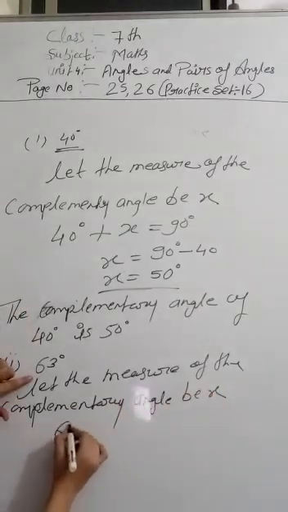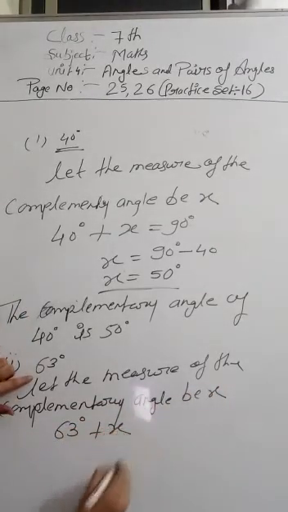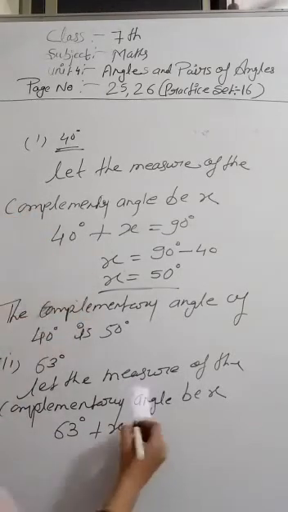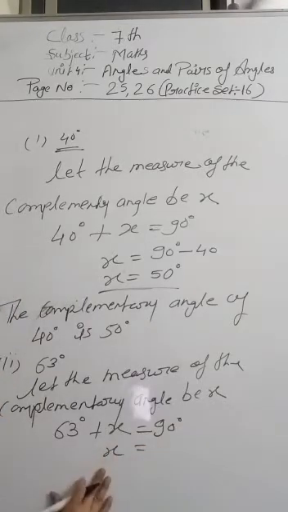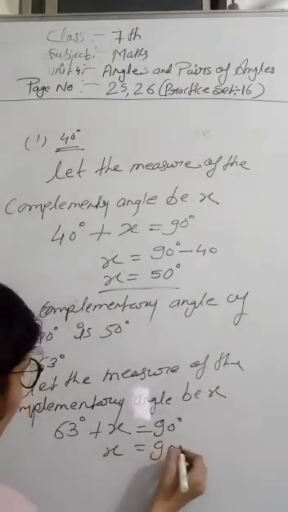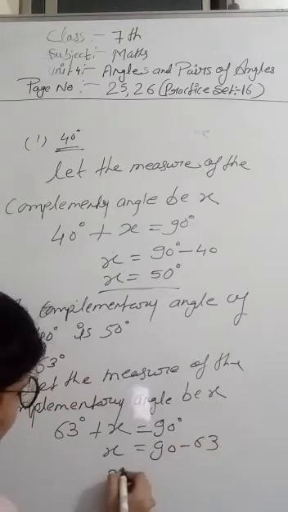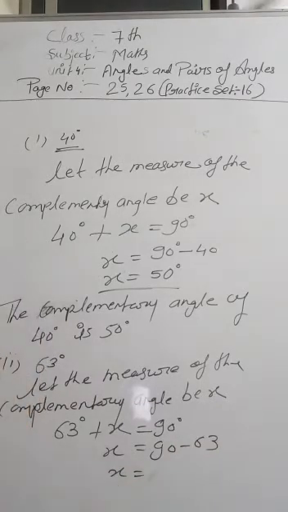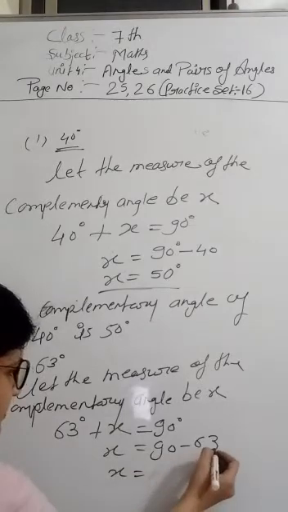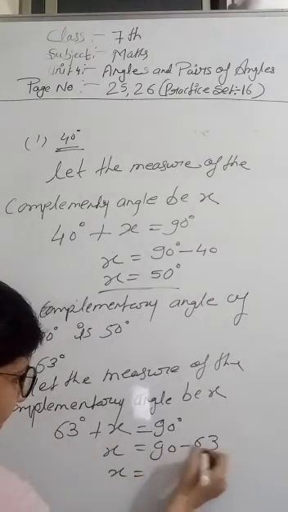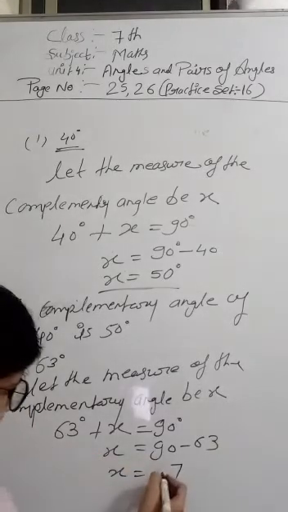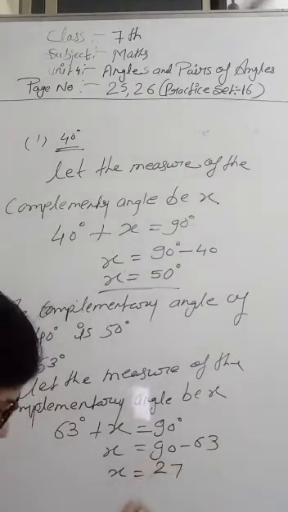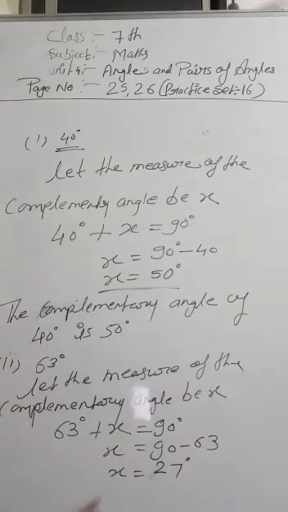So we will write 63 degree plus x as it is, equal to 90 degree, and x will stay here, and 90 minus 63. 10 minus 3 is 7 and 8 minus 6 is 2, so 27. Okay, 27 degree.